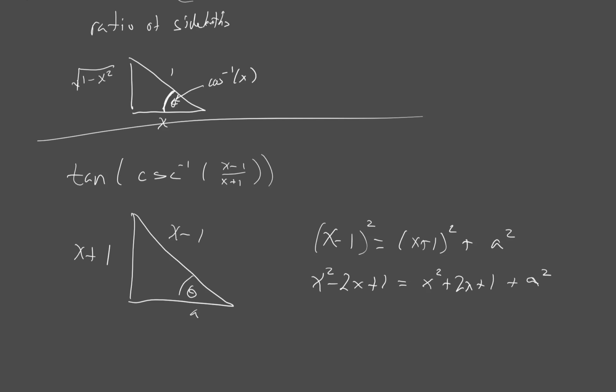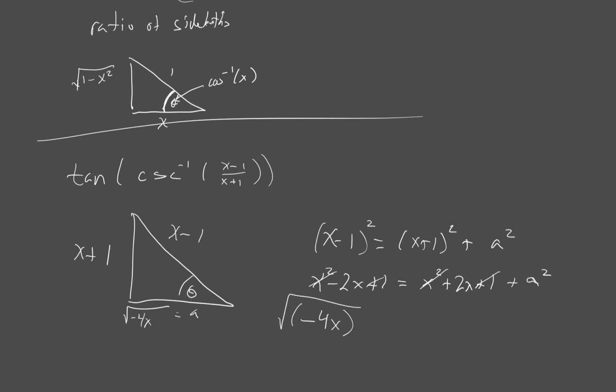These will cancel, those will cancel, and I get minus 4x when I move everything over. I'm going to take a square root, so x had better be negative in this case for this to work out for me. But this is going to be the square root of negative 4x.